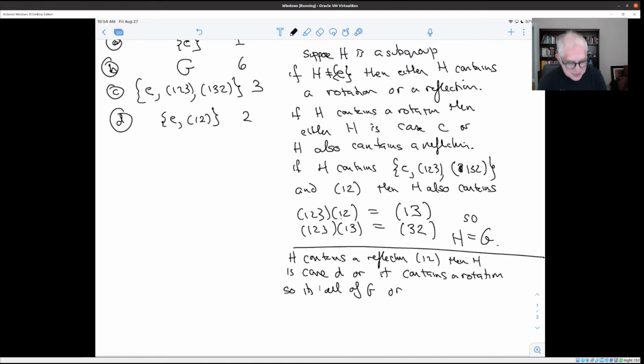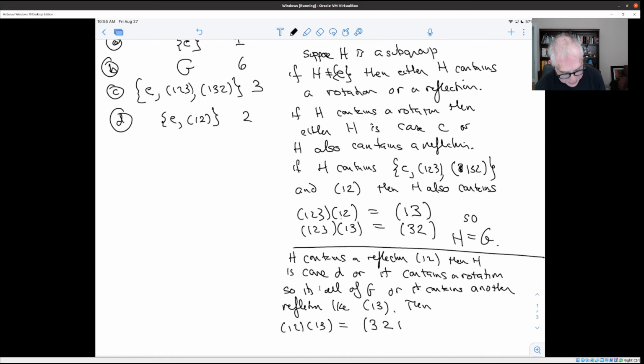Or it contains another reflection, like (1 3). But then, if you look at (1 2)(1 3), this is 3 goes to 1 goes to 2, 2 goes to 1, 1 goes to 3.